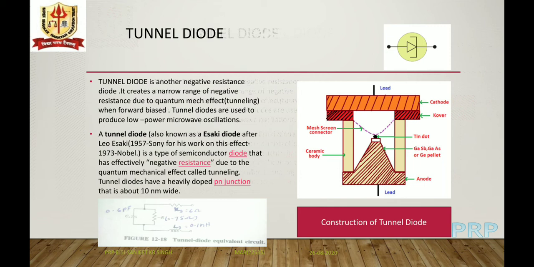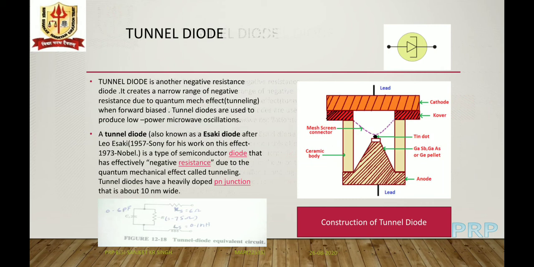Now we see the construction of a tunnel diode. It consists of a very tiny dot, about 50 micrometer in diameter, made of tin, and it is soldered or alloyed to a heavily doped pellet of n-type germanium, gallium arsenide or gallium antimonide.